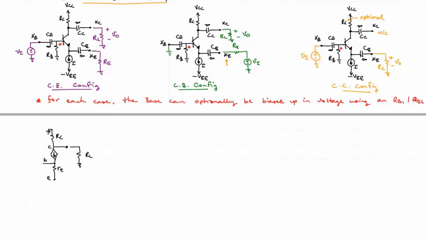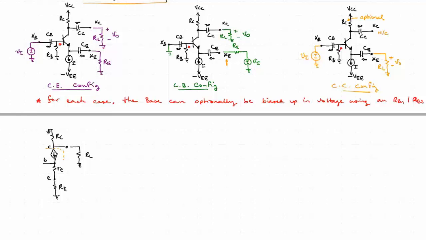Notice that the current source goes away. It becomes open when we look at the small signal model, right? Because it's DC. The capacitor CE gets shorted, and so therefore what we really have is an external capital RE in series with our transistor model emitter resistance little re.